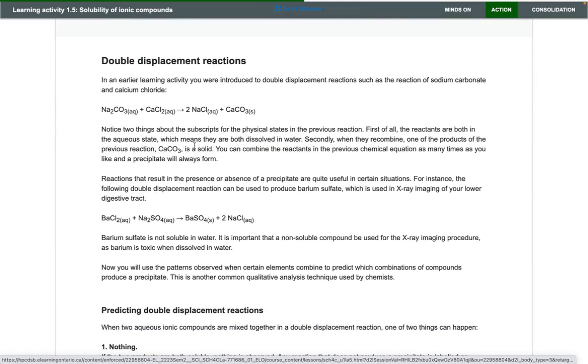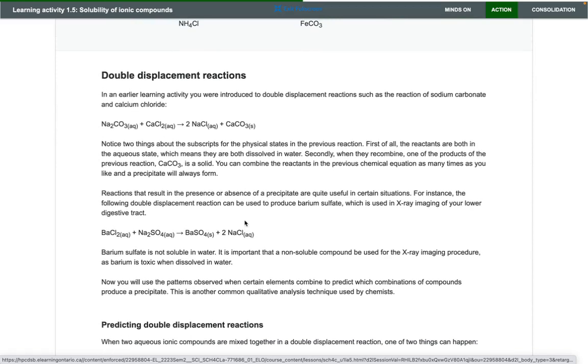And then we start to get into double displacement reactions because this is where we need to be checking the solubility chart to see if we form anything interesting on the product side. So when you have a double displacement reaction and you combine 2 substances, if the products that you make are both soluble, and soluble means aqueous, it says right here, first of all, reactants are in the aqueous state, which means they are both dissolved in water.